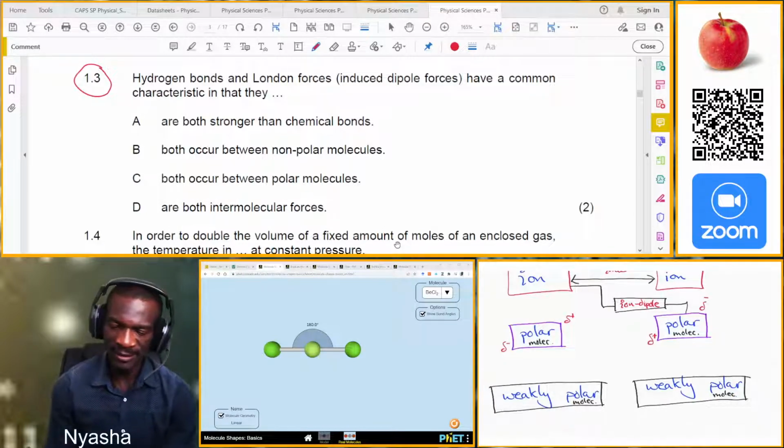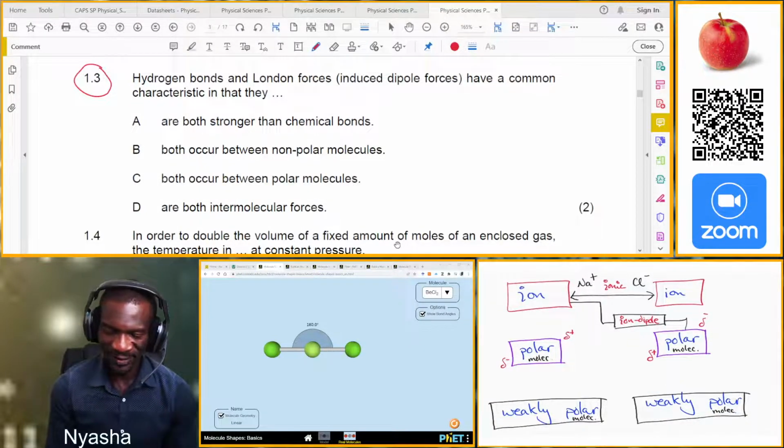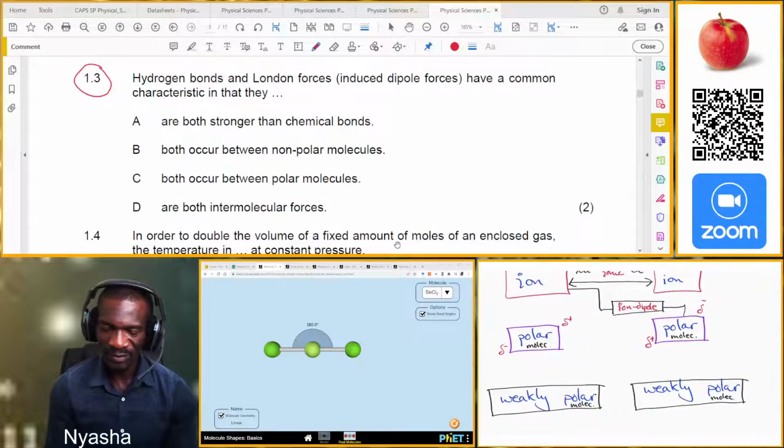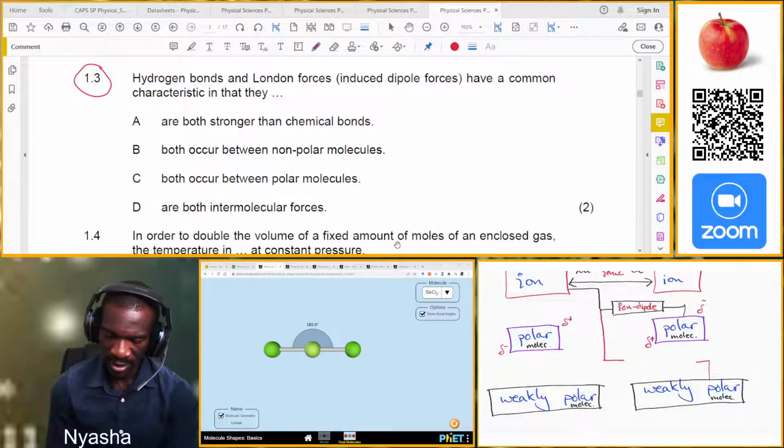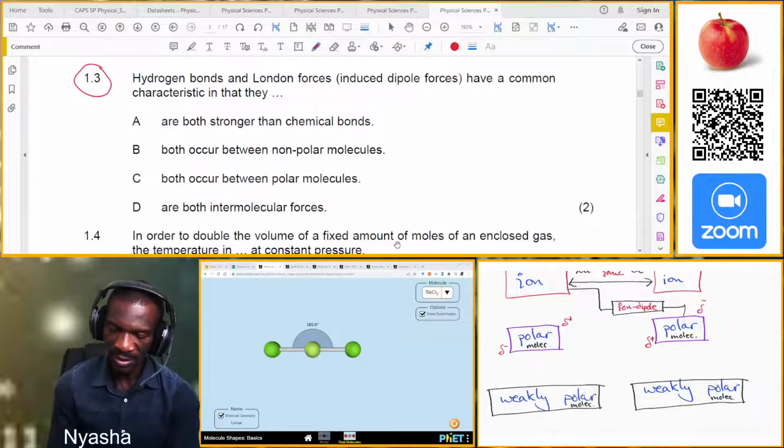So this ion is what is creating the bond, isn't it? So this ion is now what is forming the bond between those weakly polar molecules and this ion. The ion is now forming that bond, and that bond is obviously ion-induced dipole. It induces a dipole in this molecule.